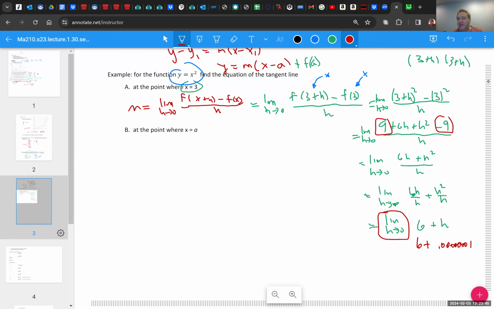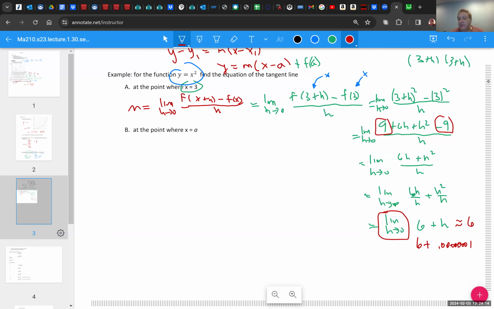We're just adding that on to 6. If we want h to be so close to 0 that we get an extremely good estimate for this instantaneous rate of change, then h becomes effectively 0, and so 6 plus something which is effectively 0 becomes 6. So we have an approximate instantaneous rate of change of 6.